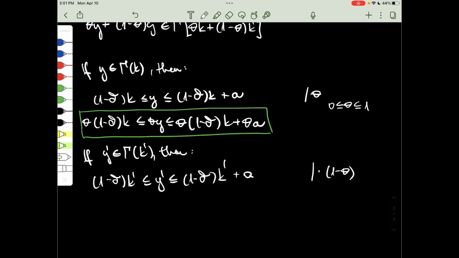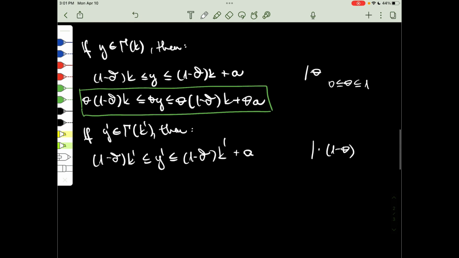Let's multiply this system of inequalities with another constant parameter, and we are going to have this form.